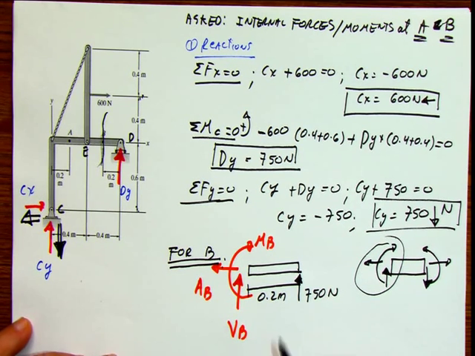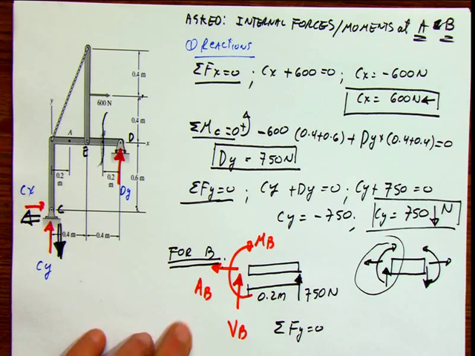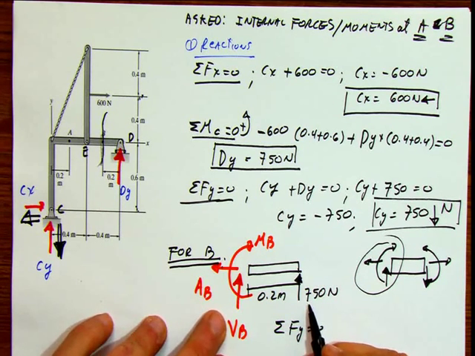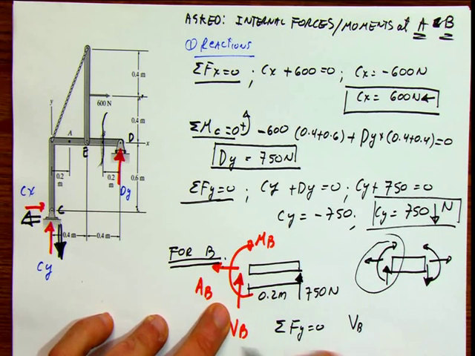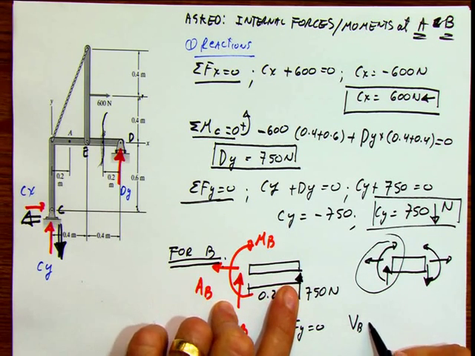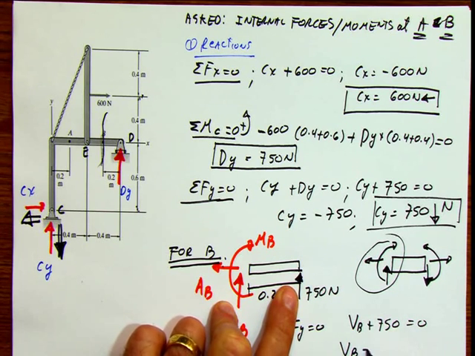And now we do summation of forces in Y equals 0. What we get is V, or shear at B, plus 750 equals 0. So my shear at B is going to be negative 750 Newtons.